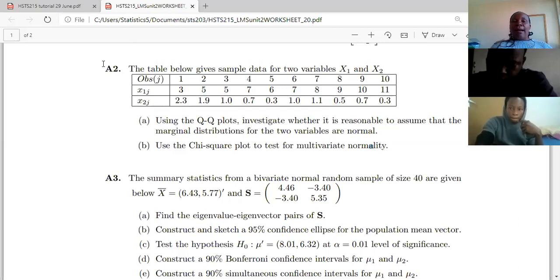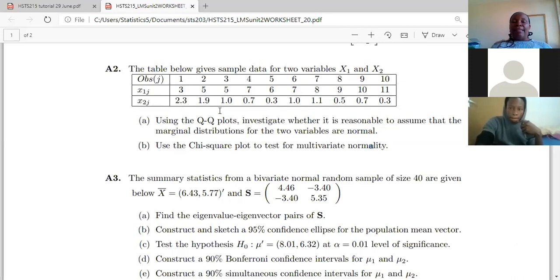Now, looking at checking normality, multivariate normality can be checked in 2 ways. One way is to check whether each of the variables follows a normal distribution, and then with that, we can loosely attach it to multivariate normal distribution. If x1 follows a univariate normal distribution and x2 follows a univariate normal distribution, it gives an indication of multivariate normality, but not directly.